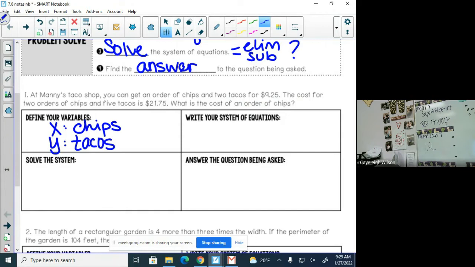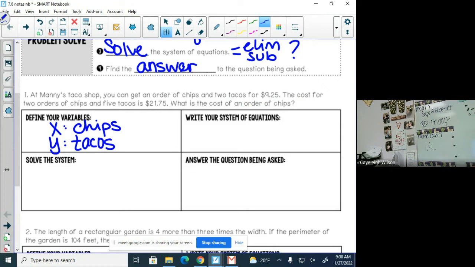So, I define my variables. I go back and I read it a second time. When I read it a second time, I look for tacos, and I'm going to put a Y. I look for chips, I'm going to put an X. I'm also looking for numbers. At Manny's Taco Shop, you can get an order of chips.